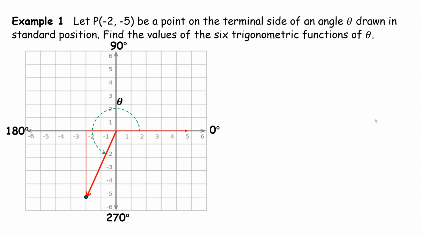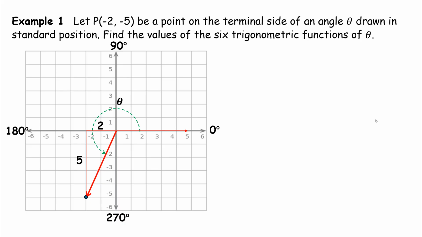When we do that, the horizontal side of the triangle is the x-coordinate, and the vertical side of the triangle is the y-coordinate of this point, (-2, -5). We can work with a triangle like that where we know the sides, the legs are x and y, and then we can find the hypotenuse.